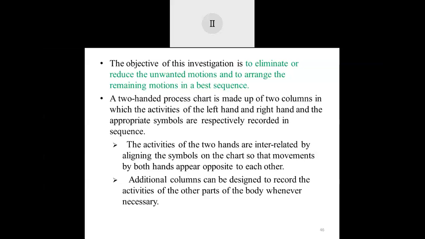Then the activities of the two hands are interrelated by aligning the symbols on the chart so that movements by both hands appear opposite to each other.